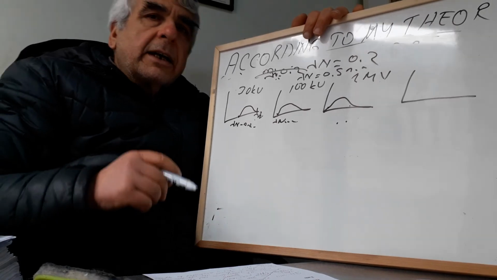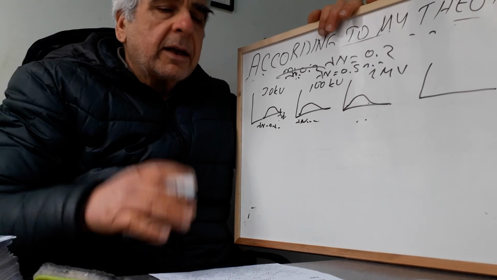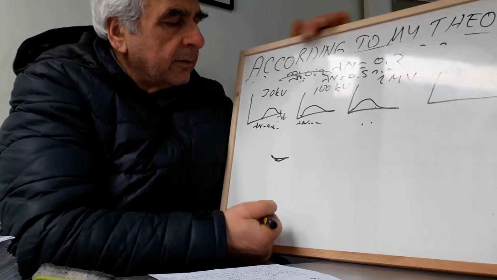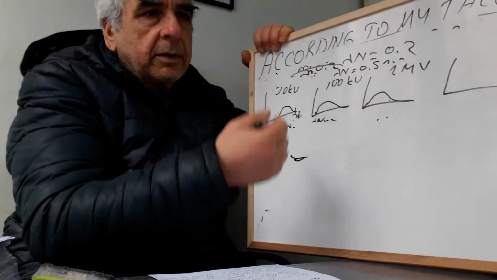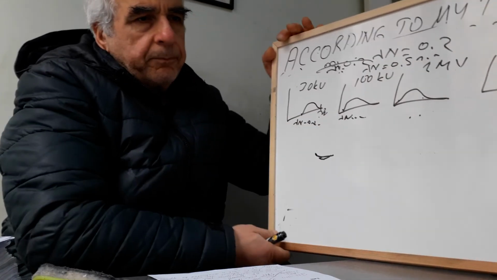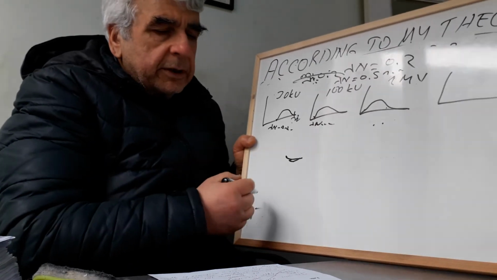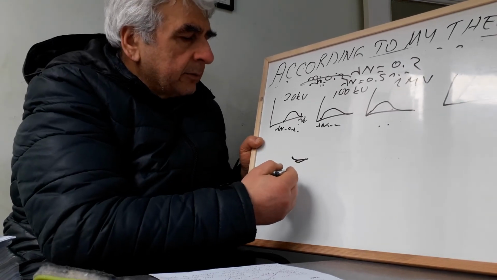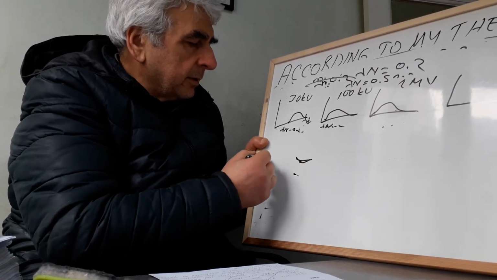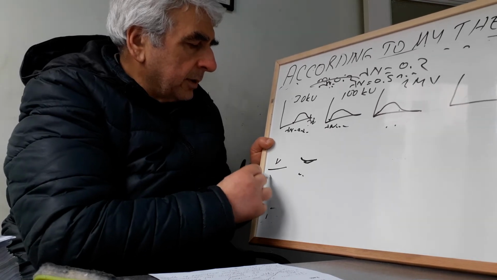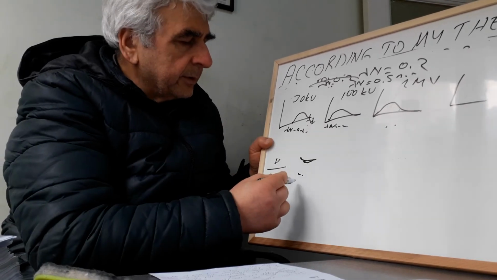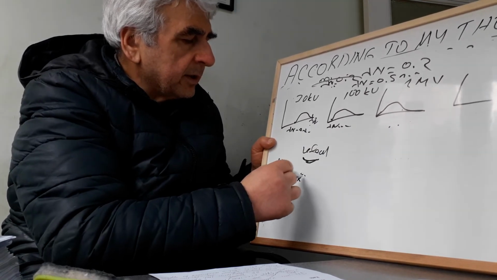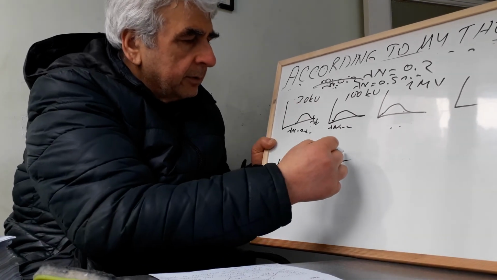Second, accepted physics has only two variables. One is electron velocity under the effect of a certain applied voltage, applied electric potential. Say voltage x keV, for instance, gives velocity x, and wavelength x.